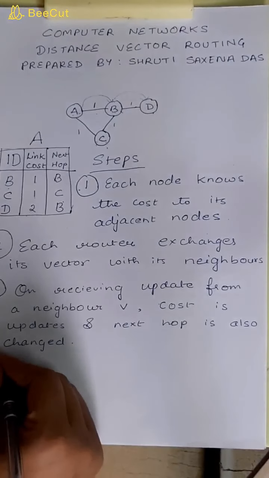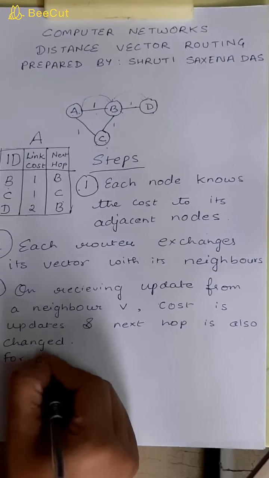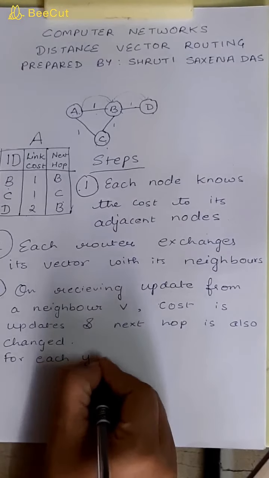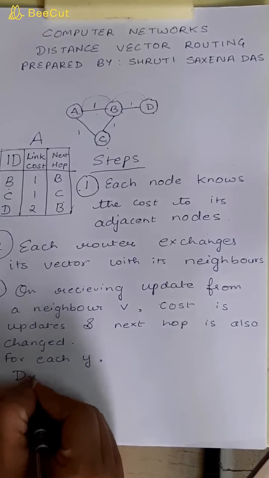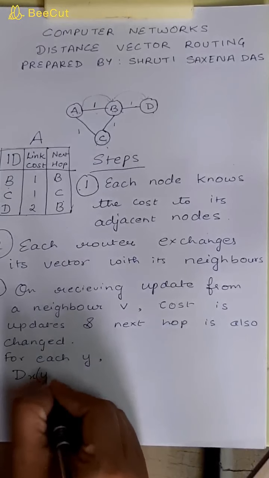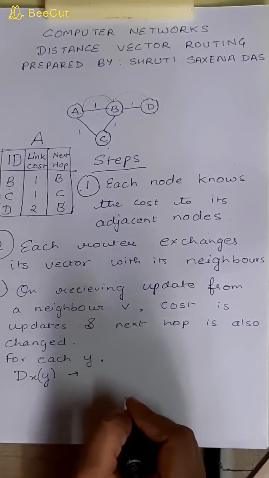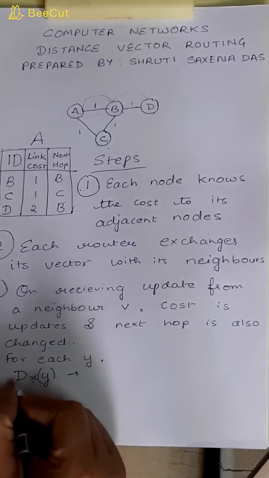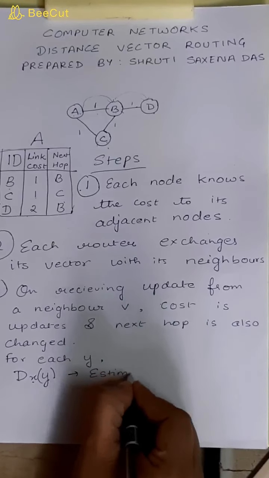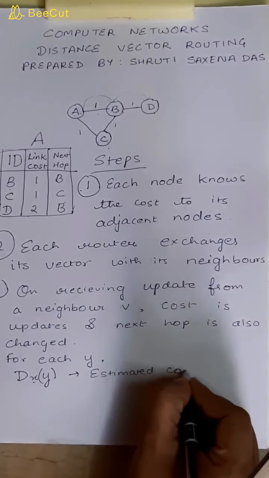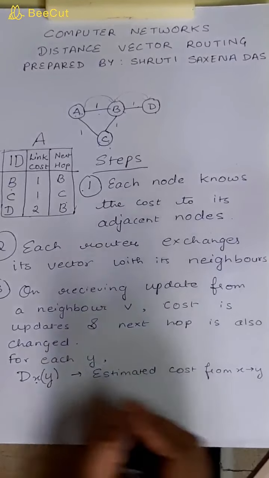Okay, so suppose for each y, you have to remember a few things. d(x,y), if we are writing like this, then that is denoting the estimate of least cost from x to y, the estimated cost or distance from x to y.